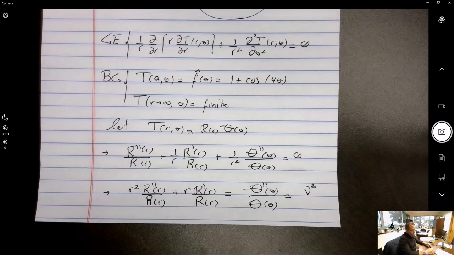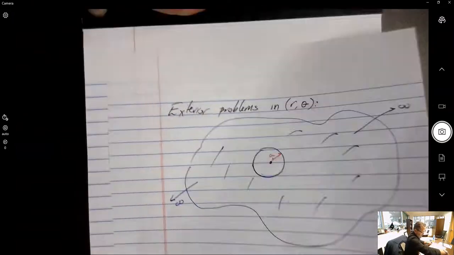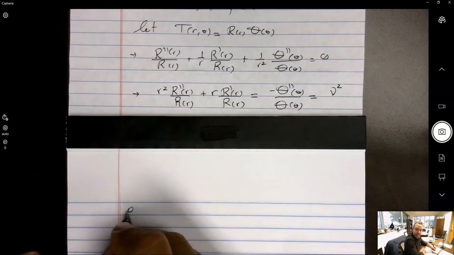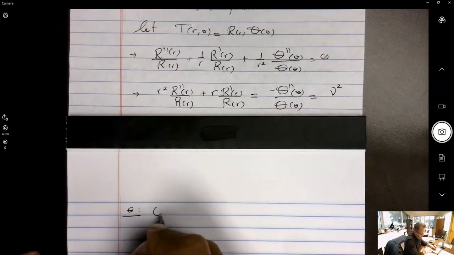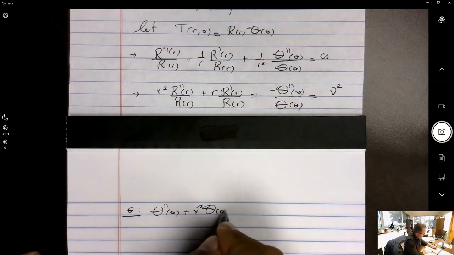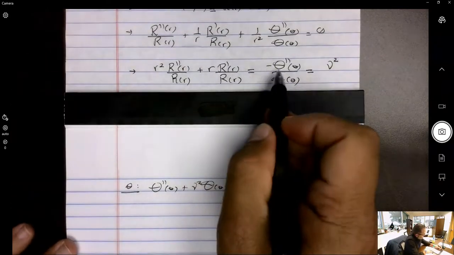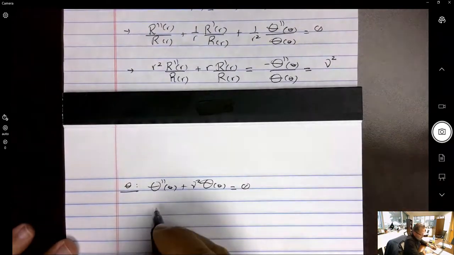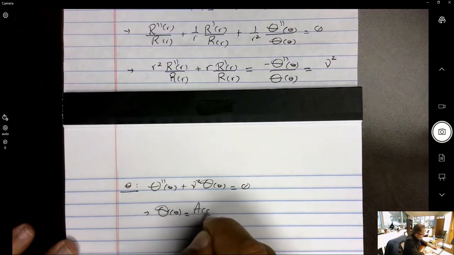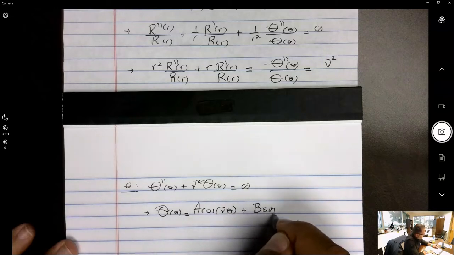All right. So, through the same type of arguments, the problem in theta reduces to Theta double prime of theta plus nu squared Theta of theta should be equal to 0. This means that Theta of theta is a cosine of nu theta plus b sine of nu theta.